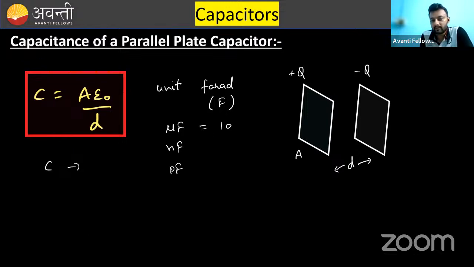Micro means 10 to the power minus 6. Nano means 10 to the power minus 9. Pico means 10 to the power minus 12. These are the prefixes. C is equal to A epsilon naught over D. Remember this relation. Clear? I hope it's clear.